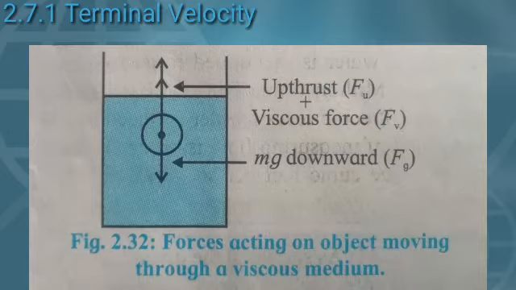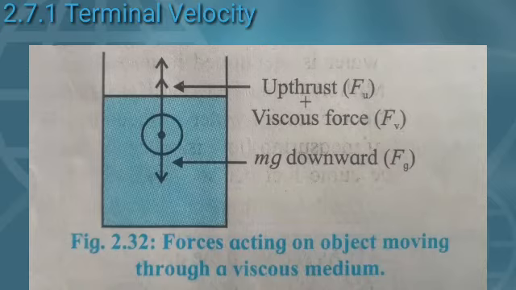Its magnitude goes on increasing with increase in its velocity. Number 2, gravitational force or its weight Fg directed downward. And number 3, upthrust Fu directed upward.